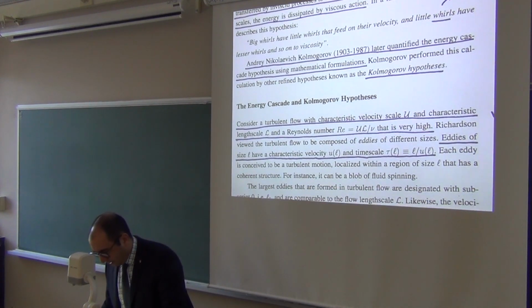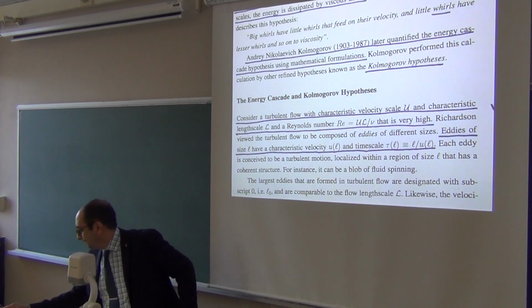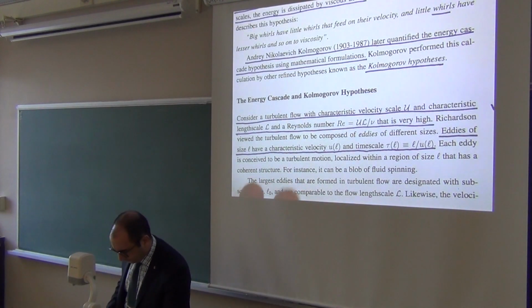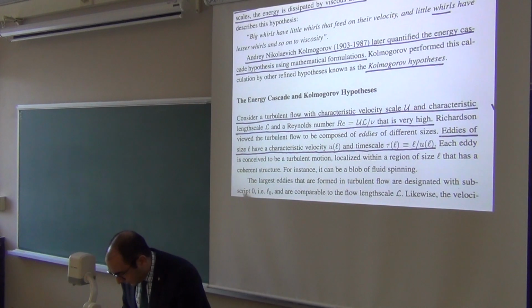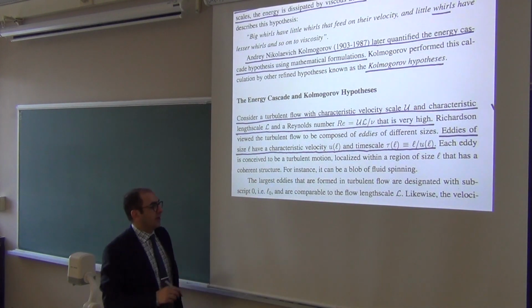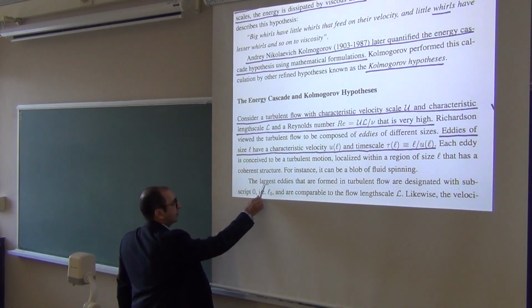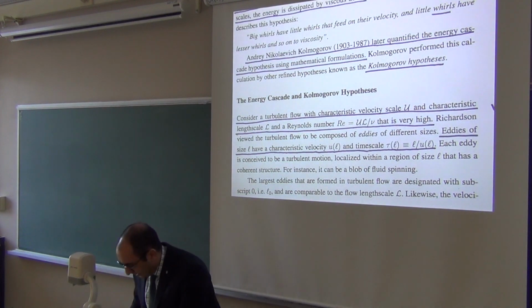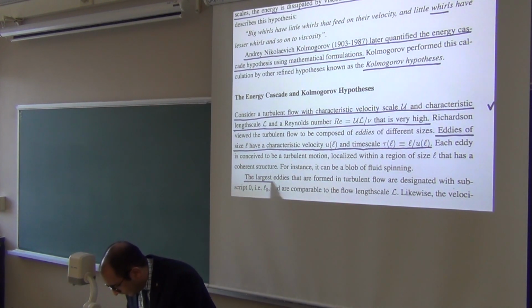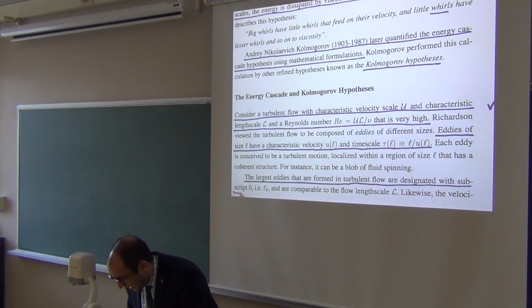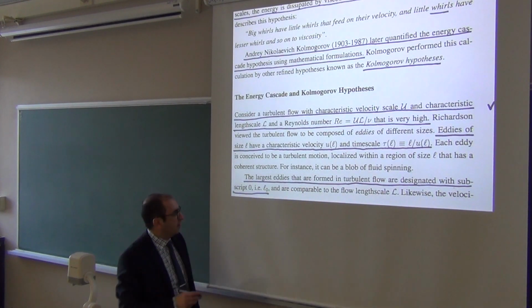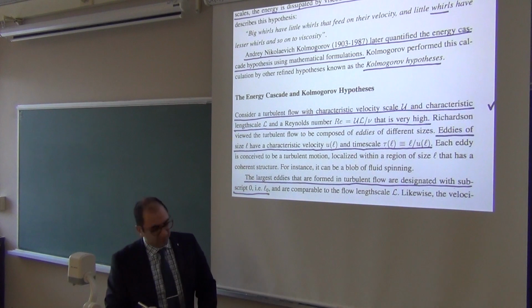So we know that these eddies have some size. Now I'm going to look at some specific types of eddies, only the largest ones. The largest eddies that are formed in turbulent flow are designated with subscript 0. So when I say L naught, I mean the size of the largest eddies.